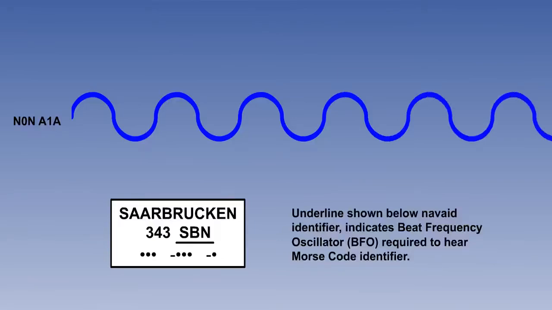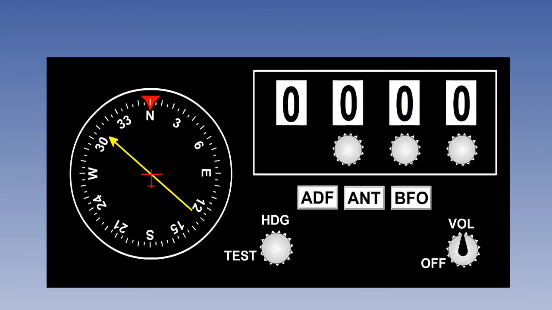On Jeppesen maps, the 3-letter identifier of such stations is underlined. By selecting the Beat Frequency Oscillator button, BFO, an oscillator within the ADF is activated, which creates an audible output from a non-modulated N0N and A1A signal.